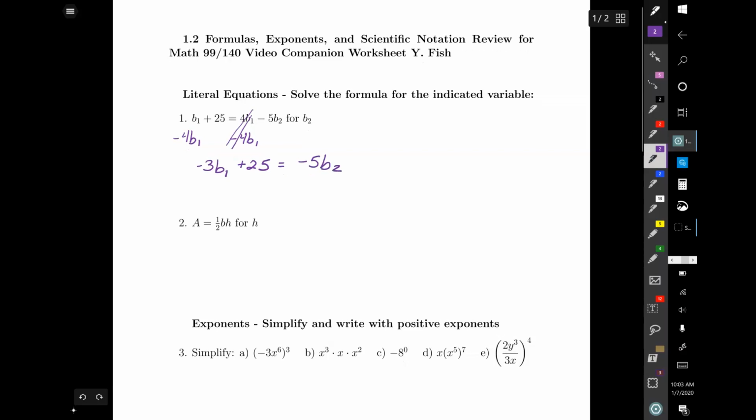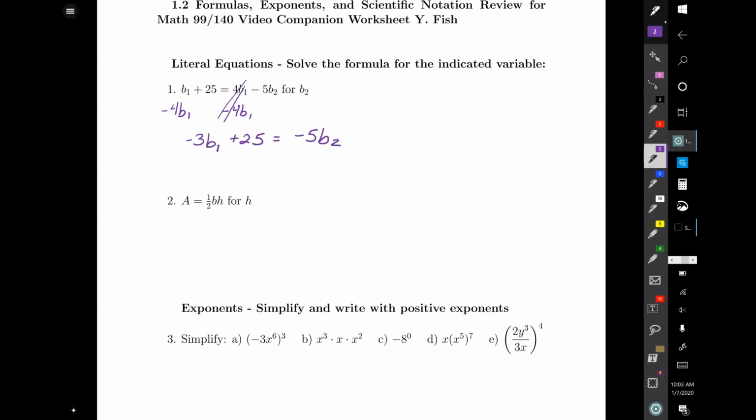The thing that's left to do here is divide both sides by negative 5 to get that B sub 2 by itself. So I'm going to go ahead and do that. We need to make sure we get that whole left-hand side divided by negative 5. I'm going to write over to the right here.